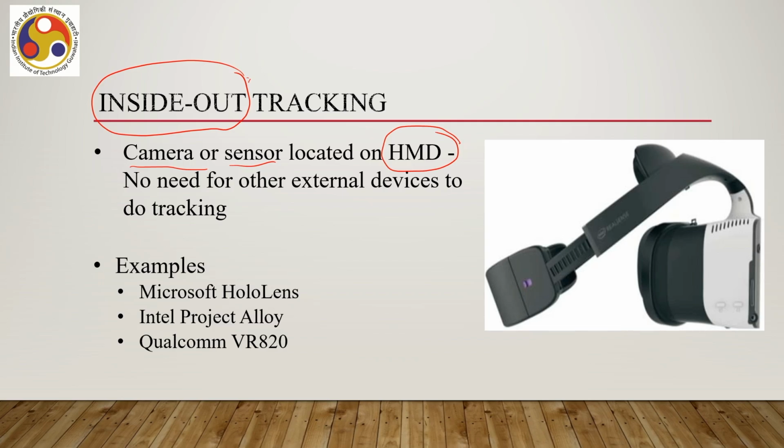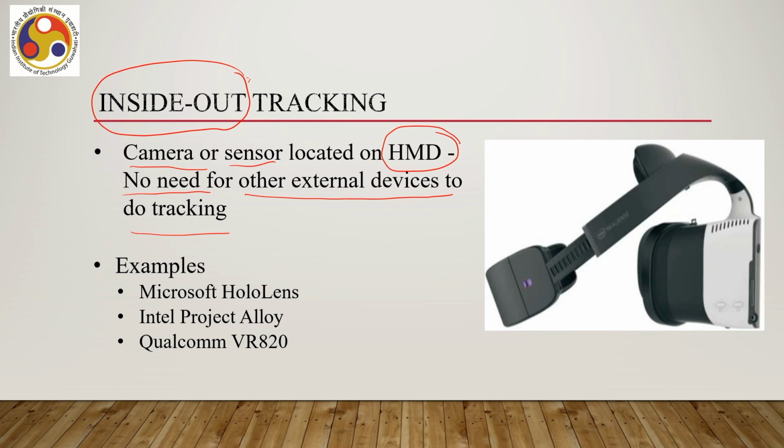If we are using any other device to get the experience, then the sensors or trackers should be inside that other device as well. Then we can call it inside out tracking. So, in this case there is no need for other external devices to do the tracking or to assist in the tracking. So, we have two categories, one is inside out, one is outside in.